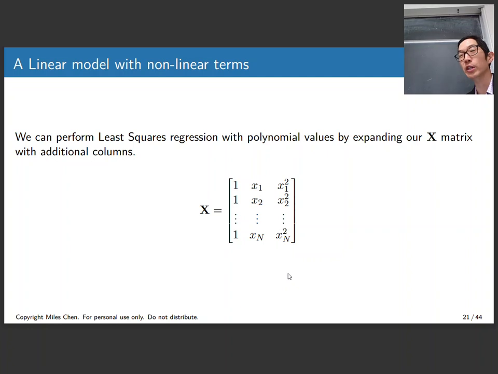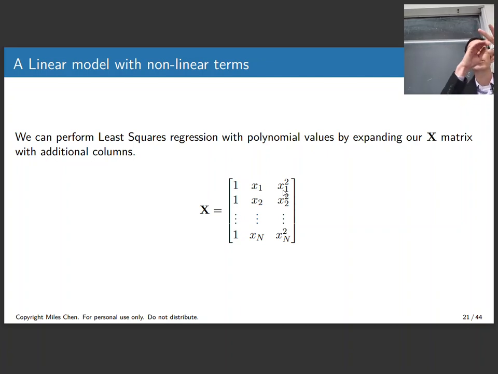I could have a quadratic thing. I could just take my column of ones, column of x's, and I can create a new column where I just take x and I square it, okay? So I have a column of x squared values. And our prediction is going to be some constant multiplied by 1. That's the intercept. Some constant multiplied by x1, and some constant multiplied by this other column, x1 squared, or our x squared column.